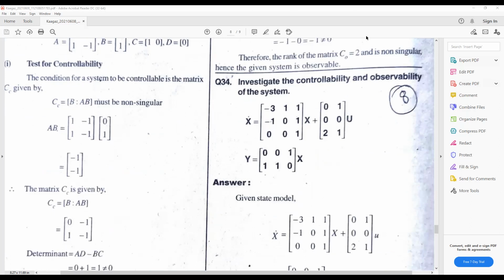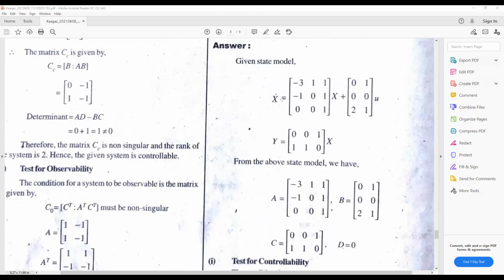Next, this problem is very, very important. The state equation is x dash is equal to A x plus B u, and the output equation is y is equal to C x.